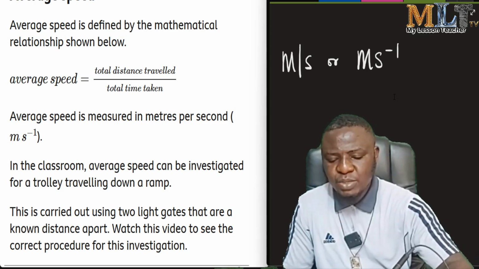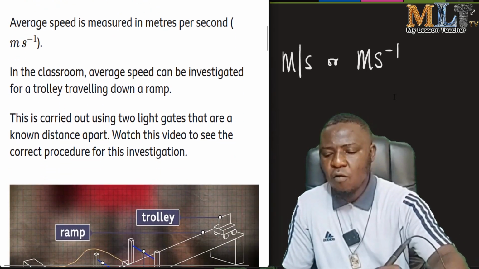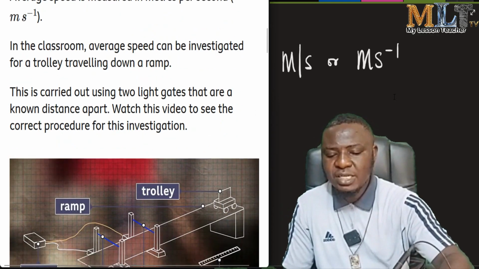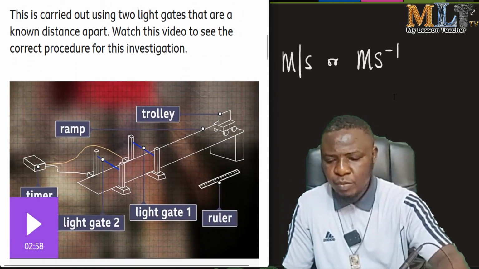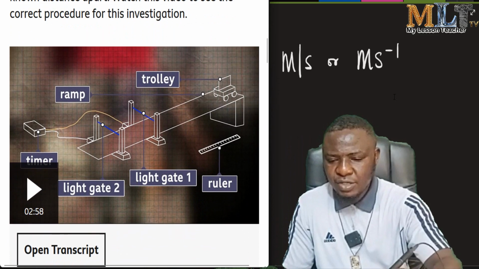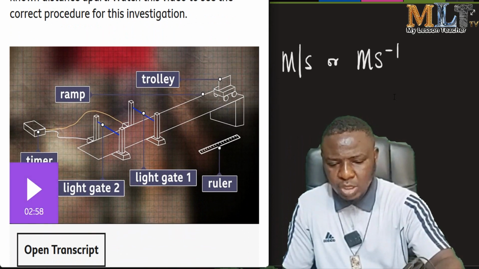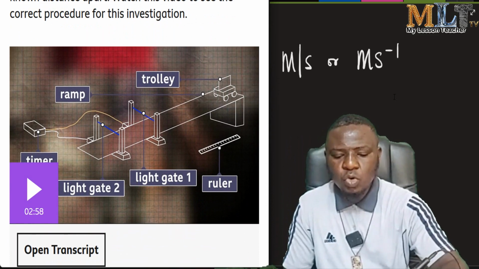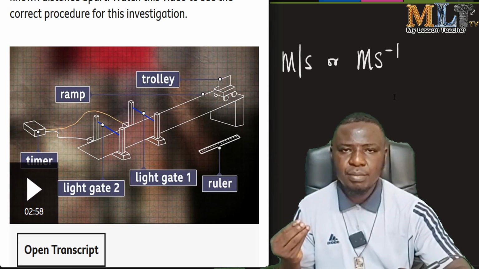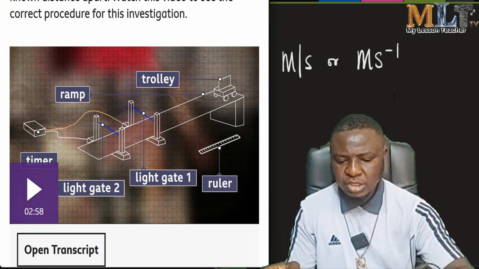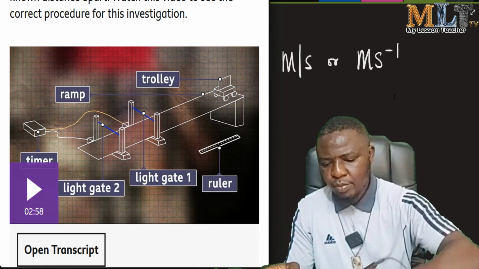In the classroom, average speed can be investigated for a trolley traveling down a ramp. If this is a trolley and it moves from this point, this ruler gives you the distance. This is the trolley and this is the runway.